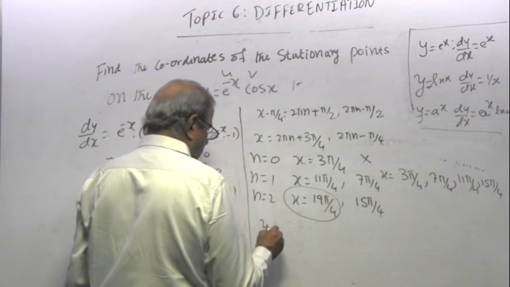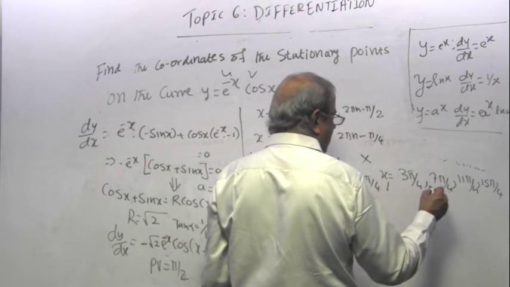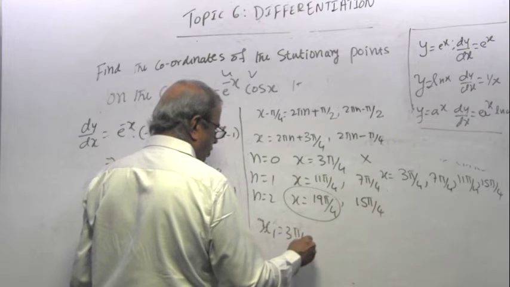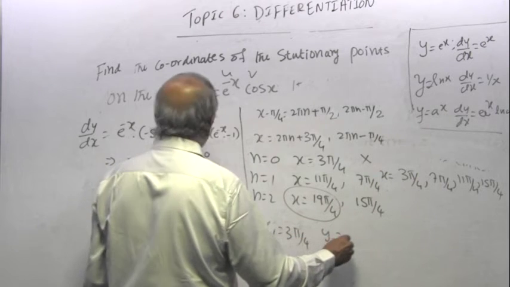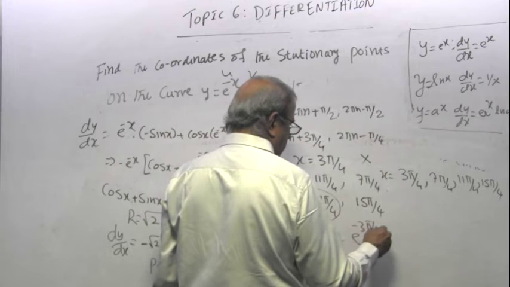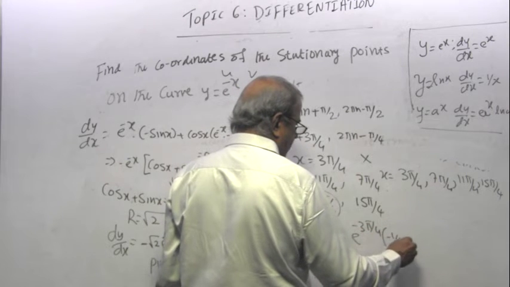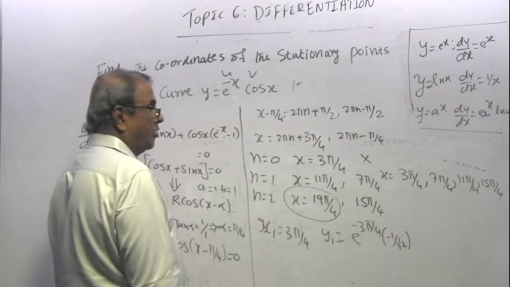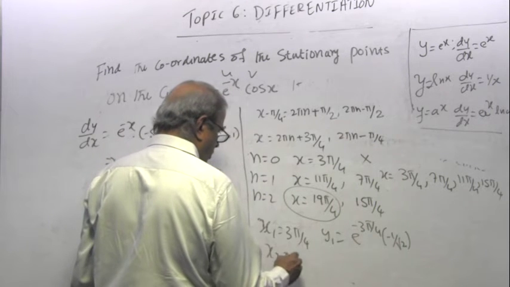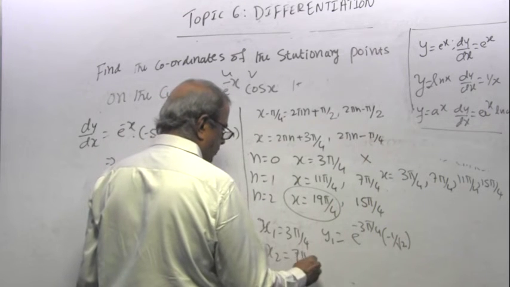So let's call this x1. Okay, x1 equal to 3 pi by 4. What is y1? y1 is e power minus 3 pi by 4 times minus 1 over root 2, cos of 3 pi by 4. Okay, x2 equal to 7 pi by 4.